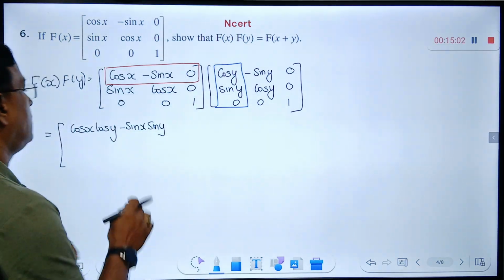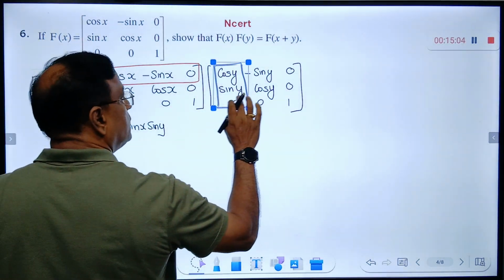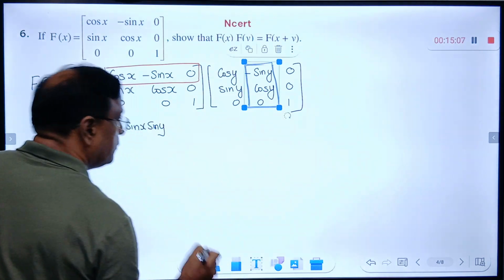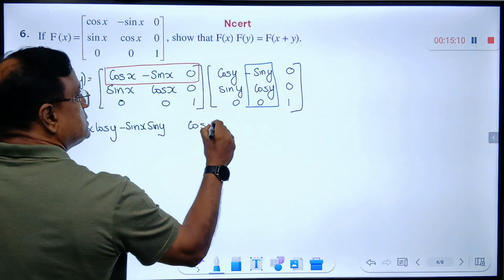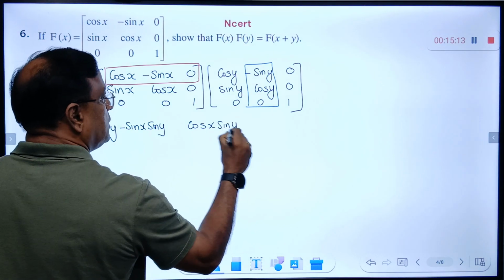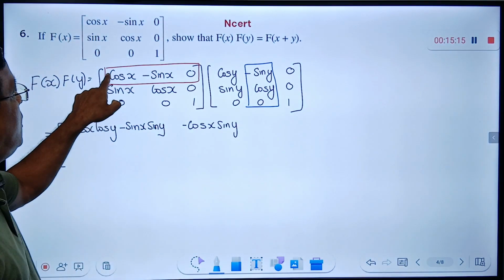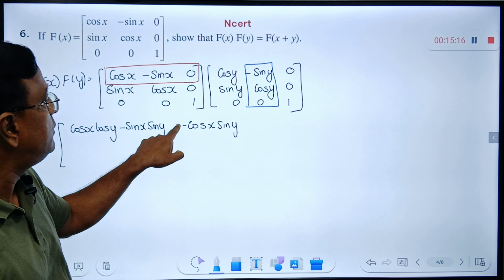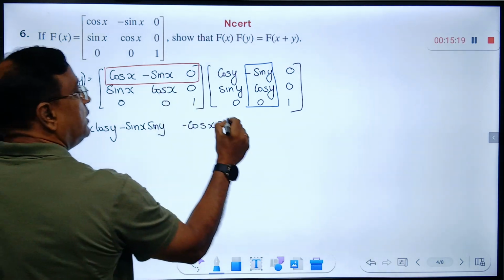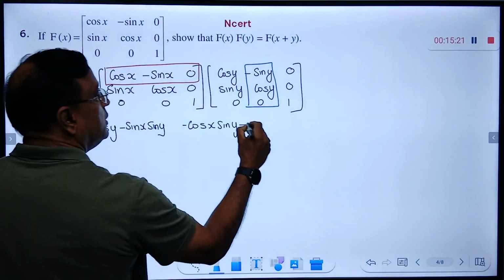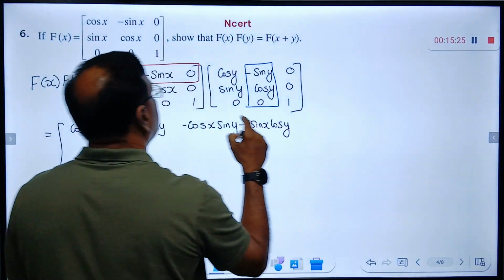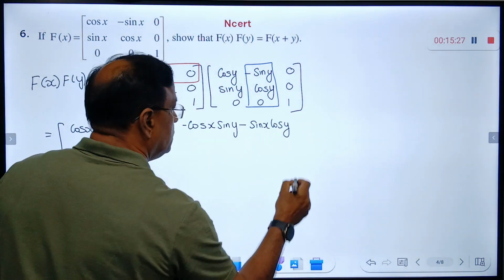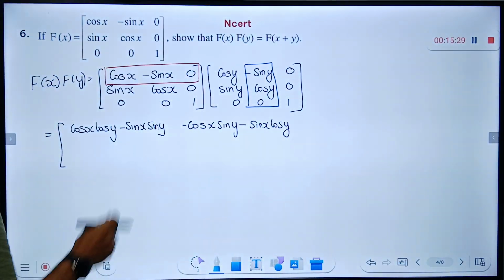Now go to the next element. What is the next element? Tell me. It is cos x into minus sin y, so minus cos x sin y, then again minus sin x cos y, and 0 into 0 is 0, so I'm not writing that.